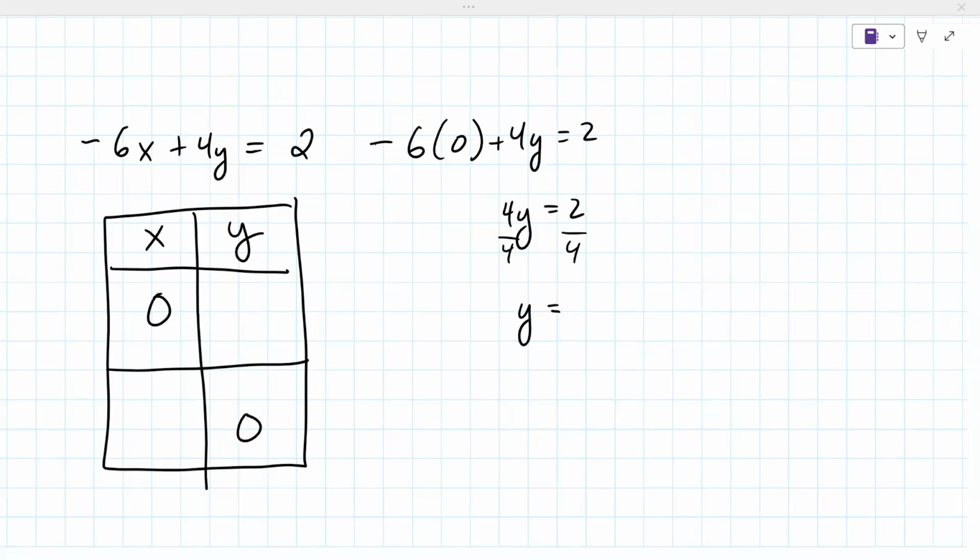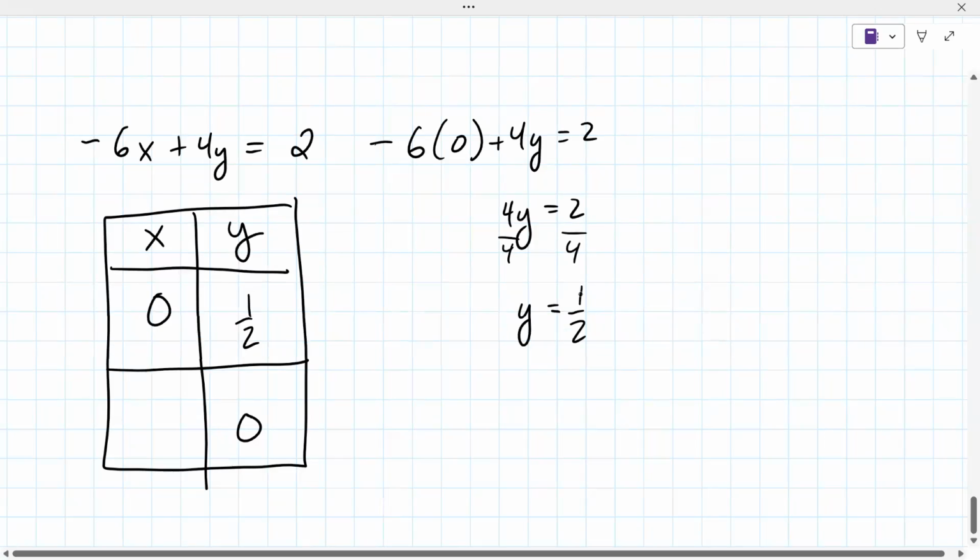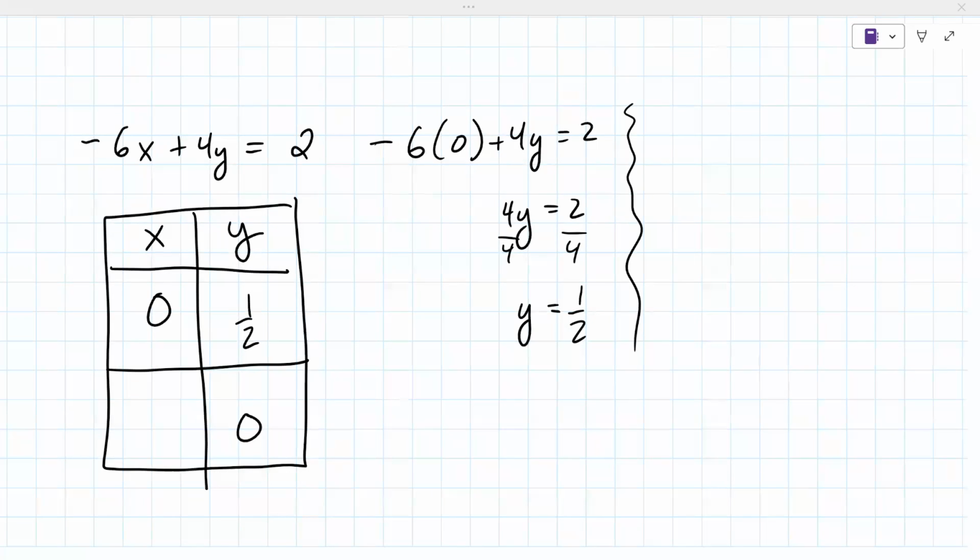It would be 1/2. Okay, I agree. So try to follow that for solving for x here. Very similar. It would equal 1/3.